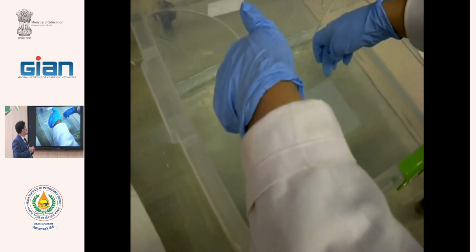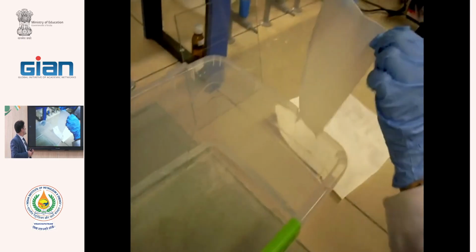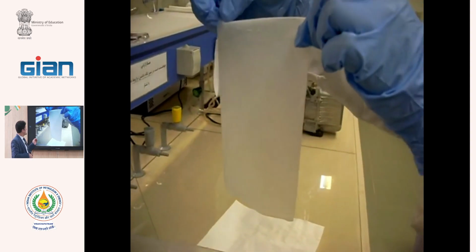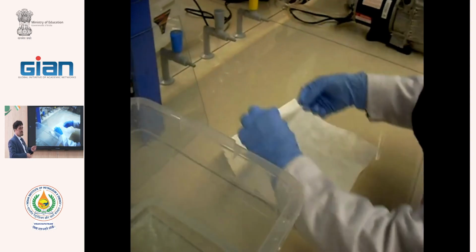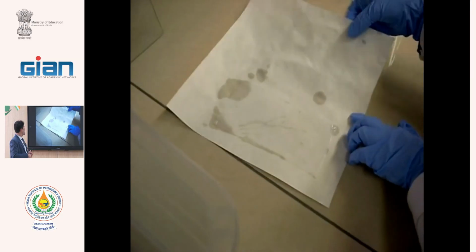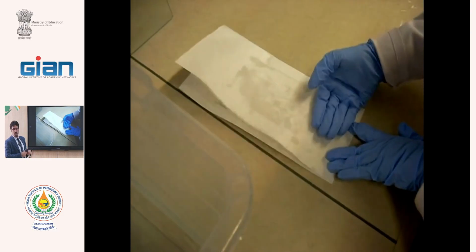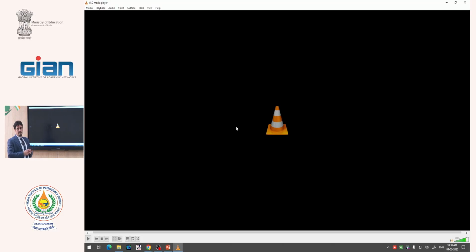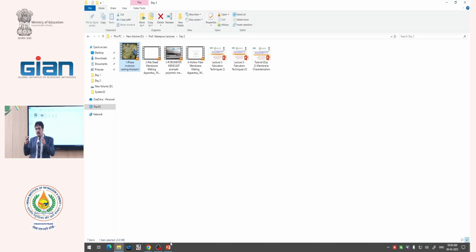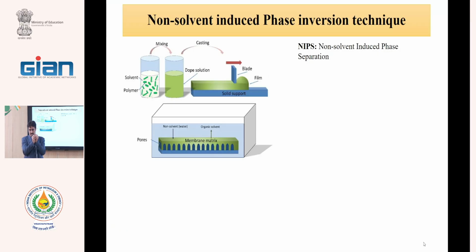They do not like to be close to the water, and therefore with inserting of the liquid polymeric membrane into the non-solvent, rapidly all of the chains want to get out from the water and collect together, and when the chains collect, then they will be solid.